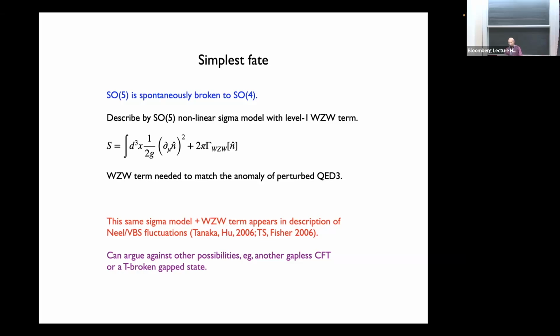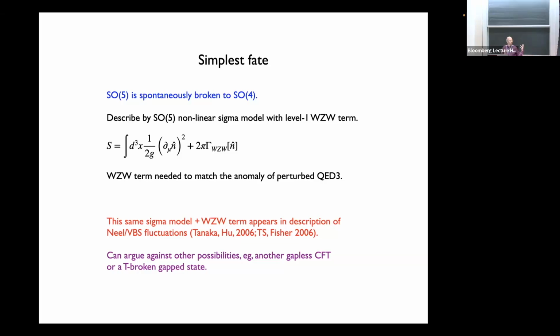Now, there are other possibilities you can consider. You can consider that maybe this perturbed CFT flows to some other CFT. In fact, for many years of my life, I was hoping that such a CFT would exist, but I think the latest bootstrap and all kinds of numerical calculations seem to not support the existence of such a CFT. Rather, the evidence is that it's weakly ordered in the longest case.